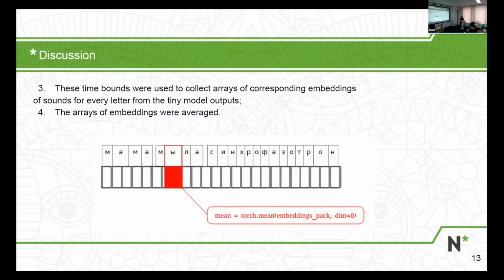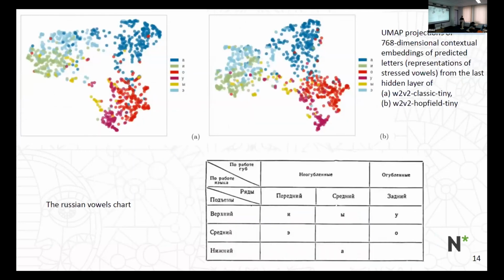Then these time bounds were used to collect arrays of corresponding embeddings. It means that there could be several embeddings in the time interval found by the bounds. And these arrays of embeddings were averaged. We tried to understand what we got, and we used UMAP projections as a visual interpretation, for example, for stressed vowels.